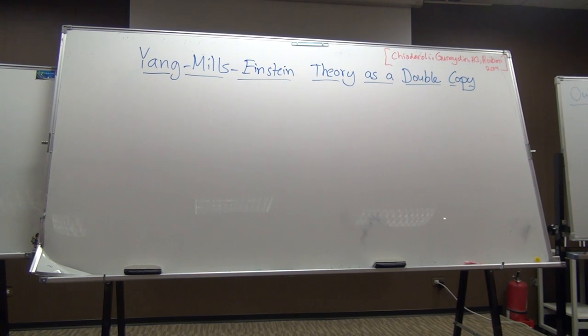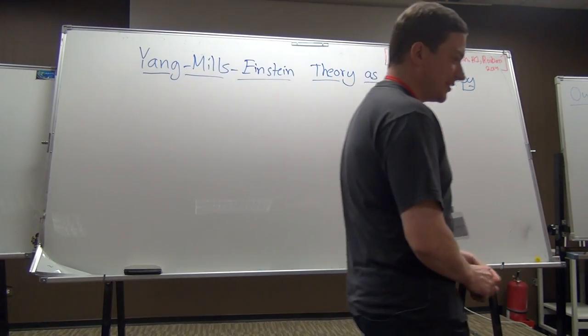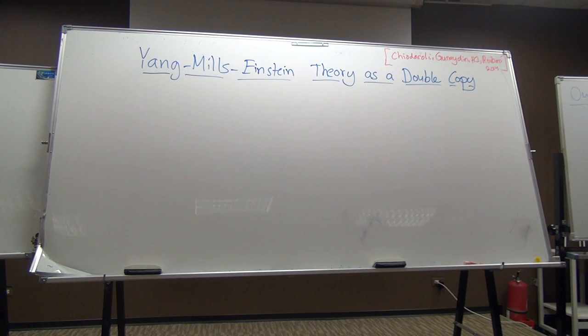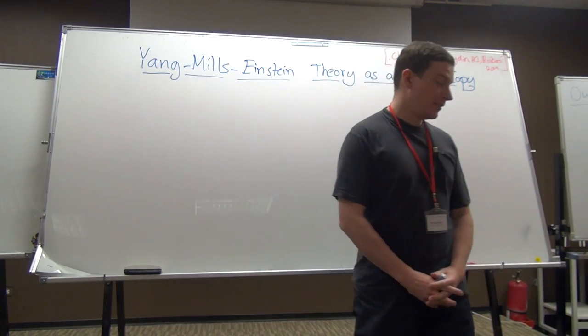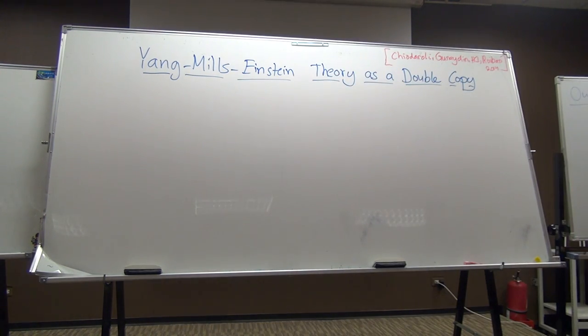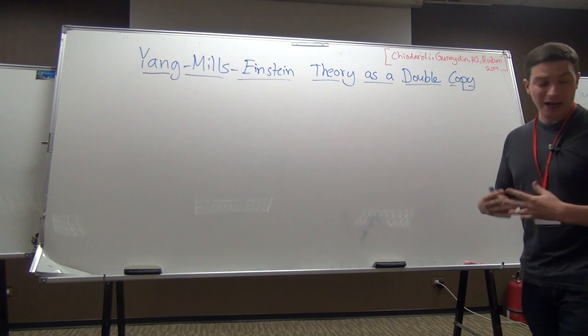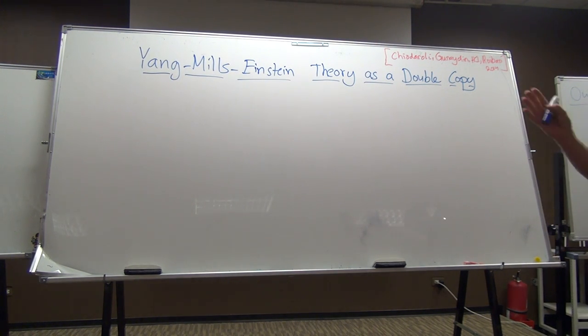So I will talk about this topic, which is how to couple Yang-Mills-Einstein theory. And it's going to be at the level of scattering amplitudes. Of course, it's well known how to do it in general, but this is going to be specifically for scattering amplitudes and how to simplify calculation when you're talking about Einstein-Yang-Mills theory.